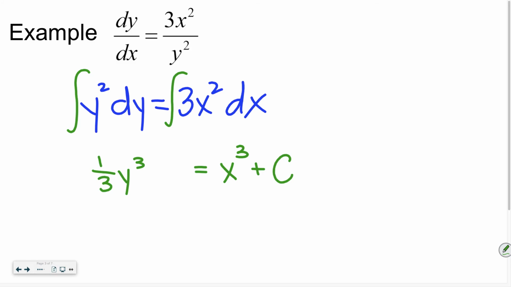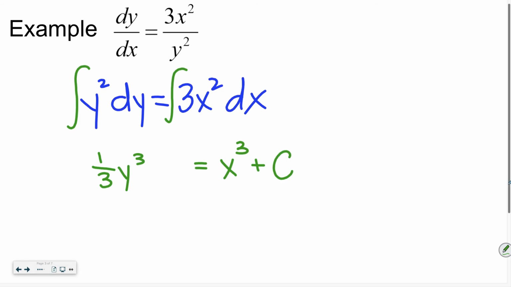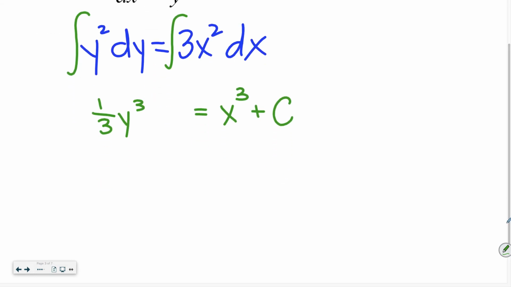I would like you to solve for y when you write your general solution. So, I would expect you to multiply both sides by 3. What's 3 times a constant? 3c. But it's still a constant.